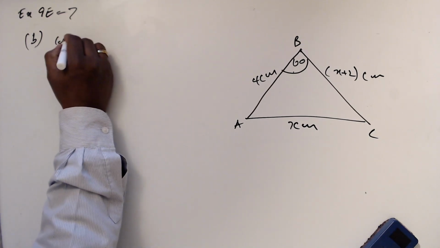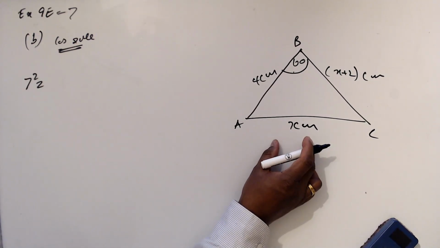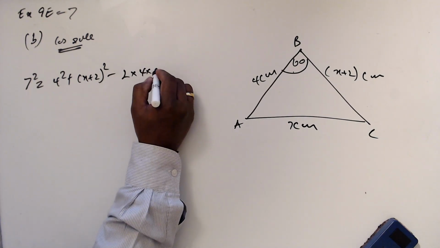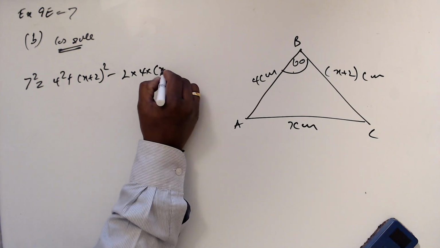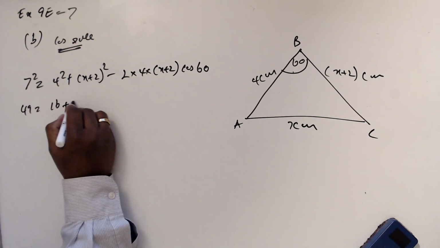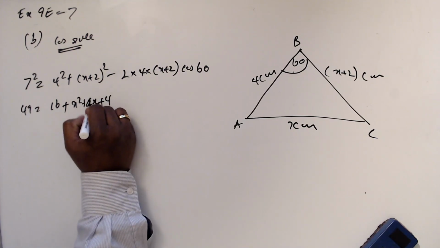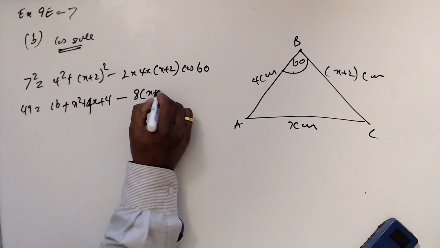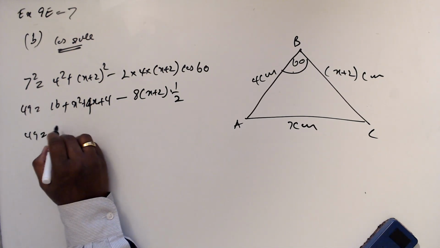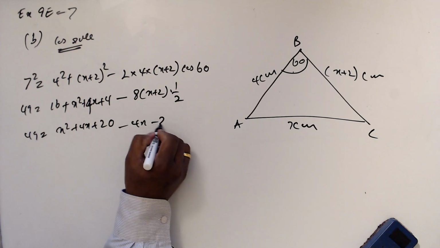So I'm going to use the cosine rule. 7 squared equals 4 squared plus x plus 2 squared minus 2 times 4 times x plus 2 cos 60. 49 equals 16 plus x squared plus 4x plus 4 minus 8 times x plus 2 cos 60, which is a half. So 49 equals x squared plus 4x plus 20 minus 4x minus 8.